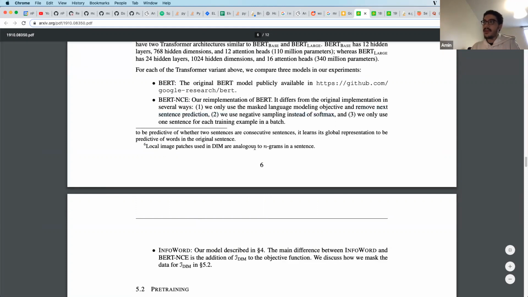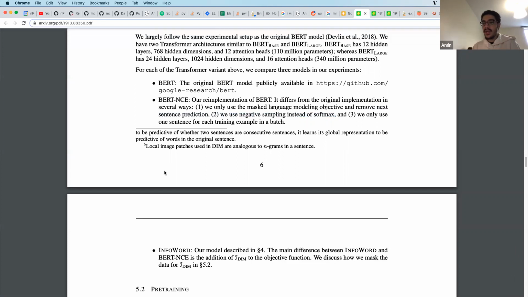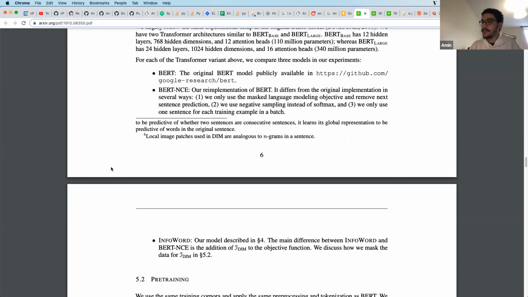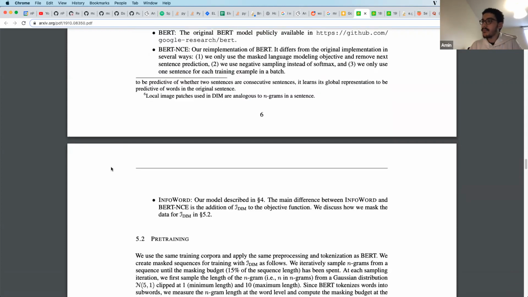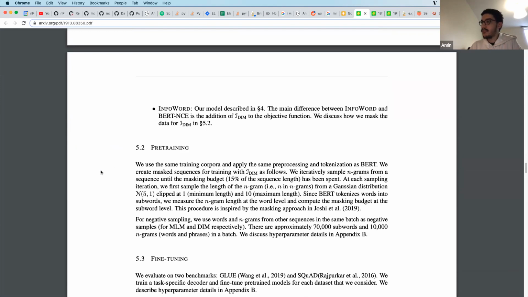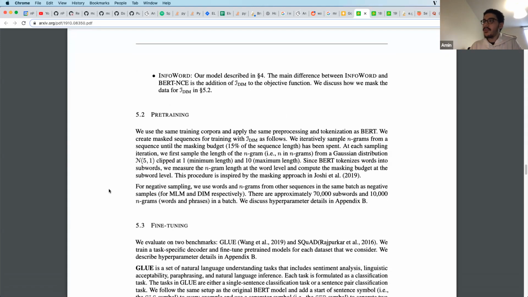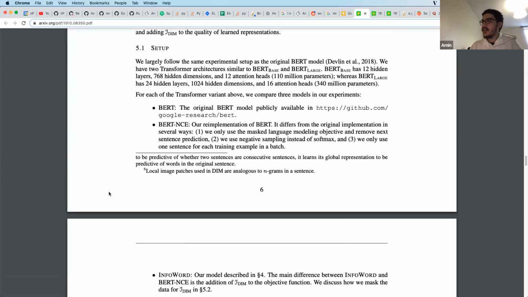They approximate the softmax, and instead of having the model at training time see two sentences separated by a separating symbol, it just sees one sentence. Okay. So we talked about how the training examples are generated for the deep info max.